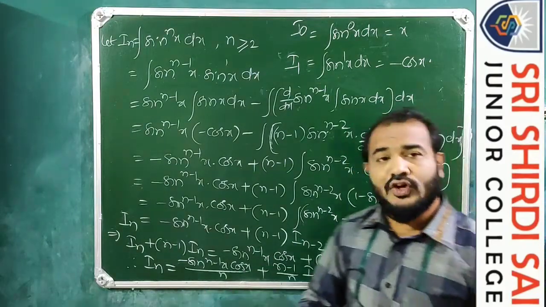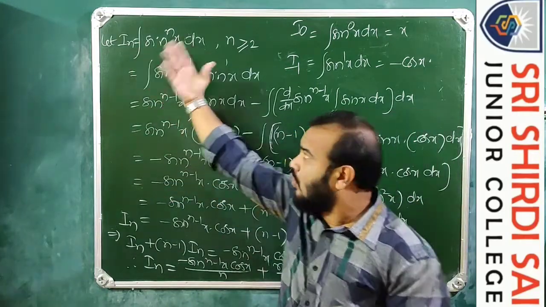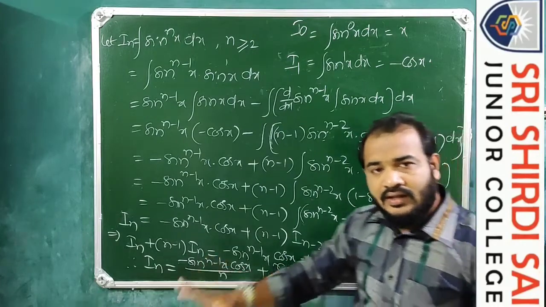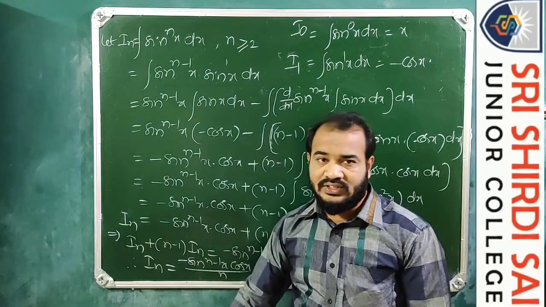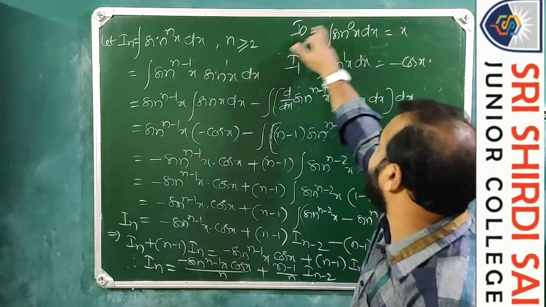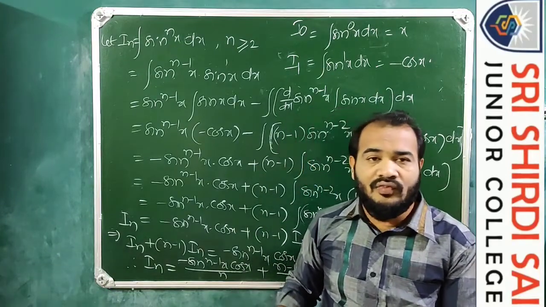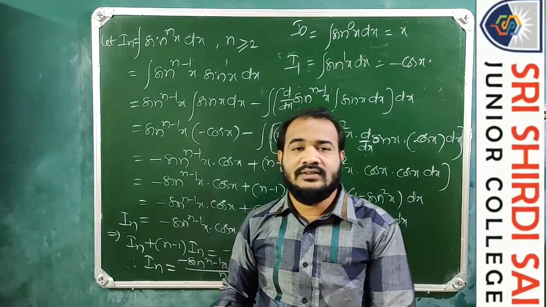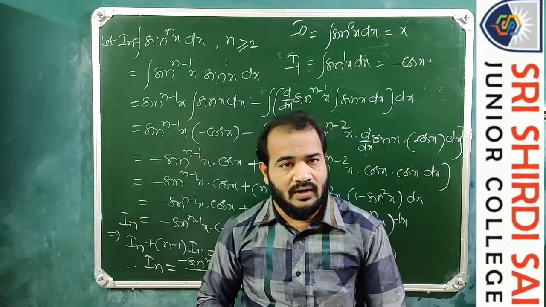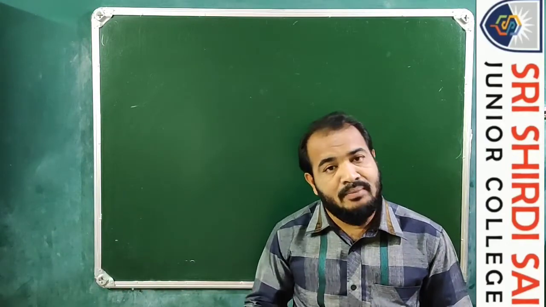Therefore, if we are asked to find the integral of sin^8 x dx, the only thing is n equals 8, you simply substitute here and it will keep on reducing until we get either I_0 or I_1. I_0 is x, and I_1 is minus cos x. This is how the reduction formula is applicable, and this is the use of this reduction formula. Let us evaluate the reduction formula for tan^n x dx.